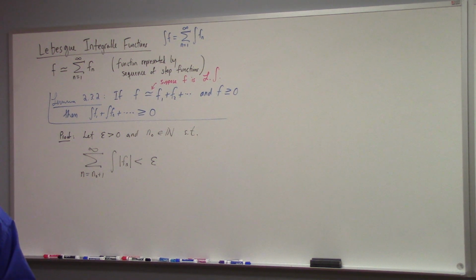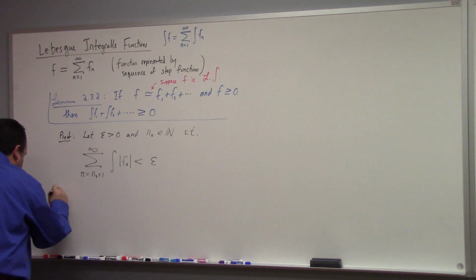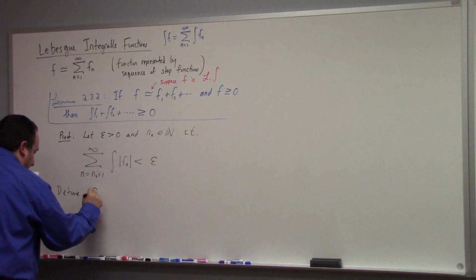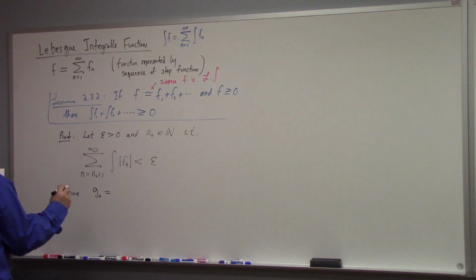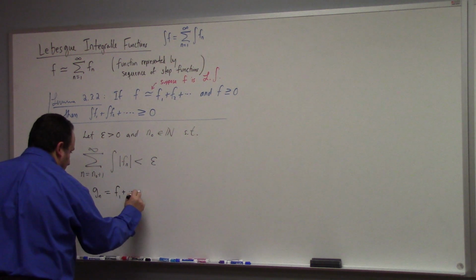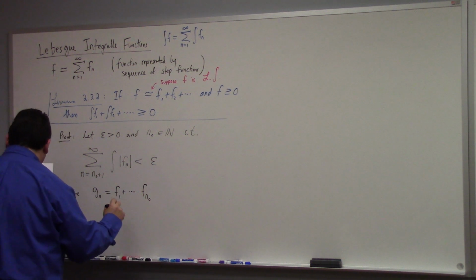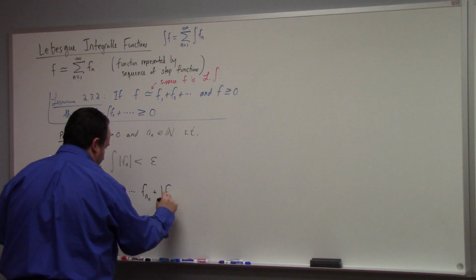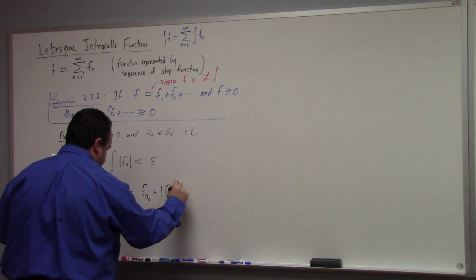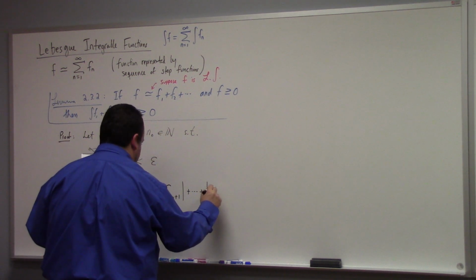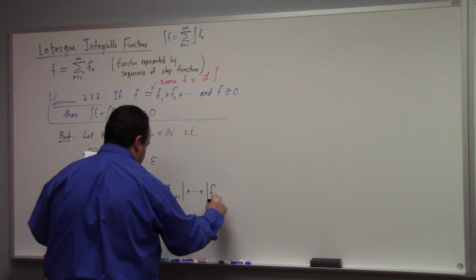What next? He says define Gn equal to the sum f1 plus all the way up to f sub n naught, and then plus the absolute value of f n naught plus 1 plus dot dot dot plus the absolute value of f n naught plus n.